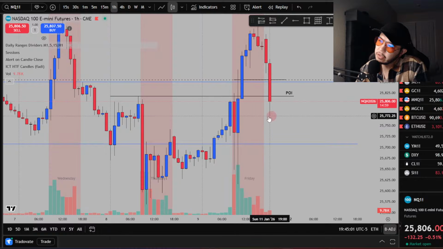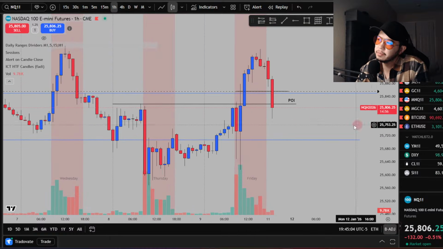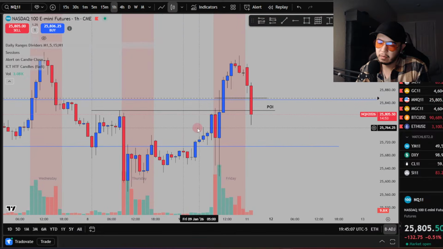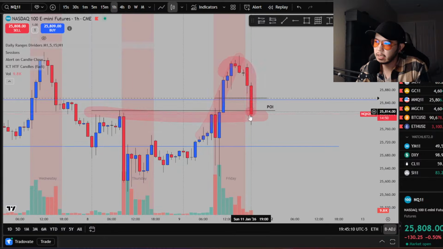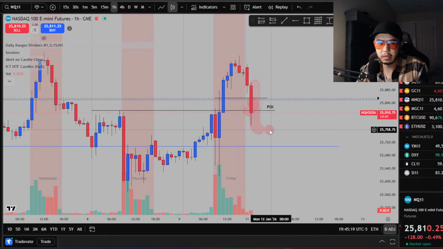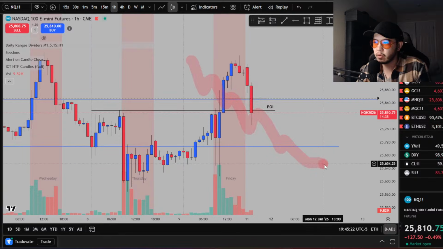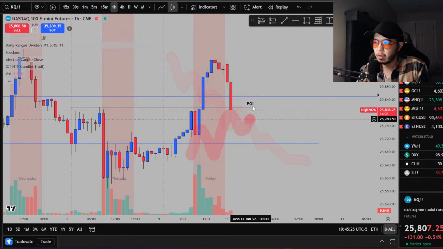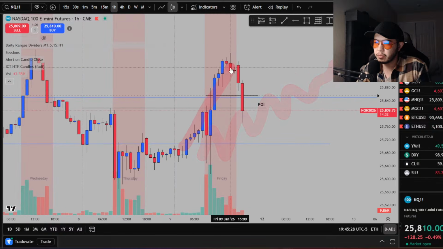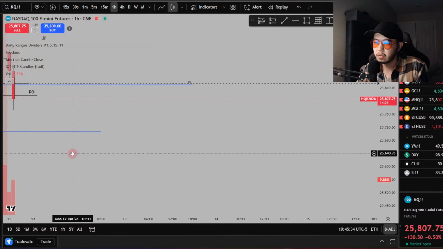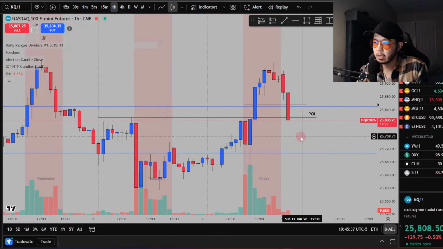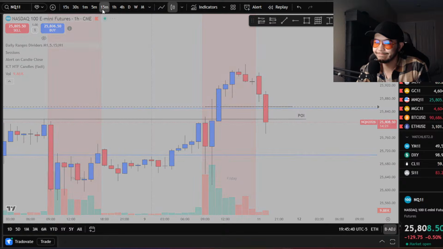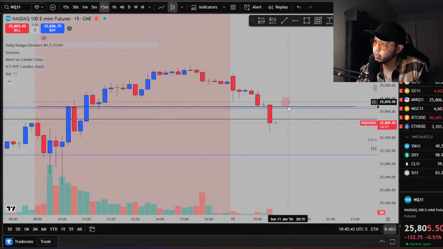All those shorts are very fishy right now too, because when the price breaks through a level and comes down with such a volume, it's a dangerous area to try to either long or short. If the price is going down like this, I don't mind shorting it, and if the price is going up like this, I don't mind longing it. But if the price breaks through a level and starts coming down with such a big volume, it kind of makes you scared. You're like, should I be looking for shorts?